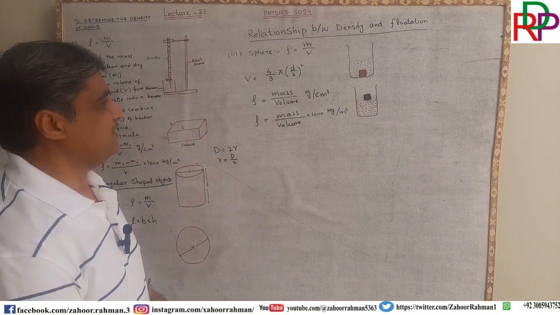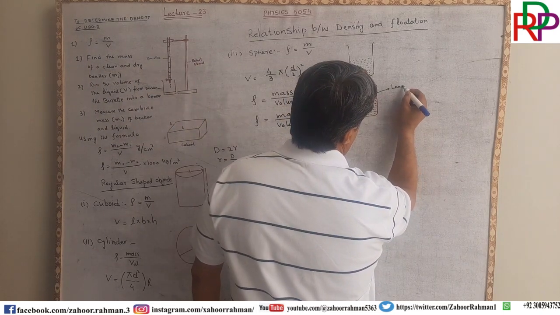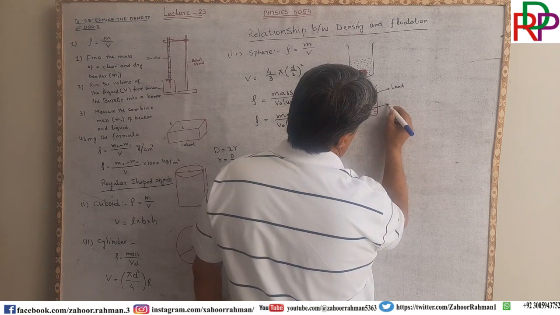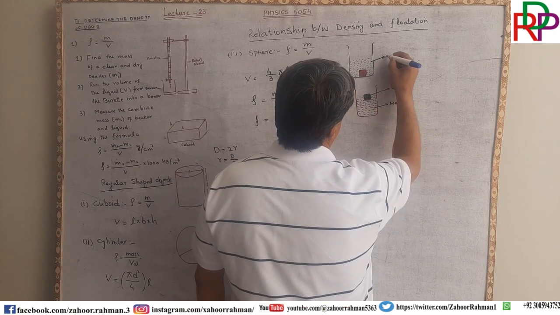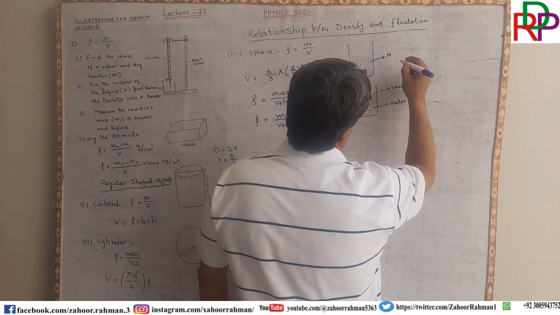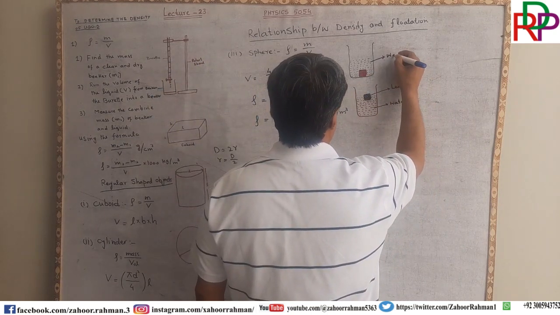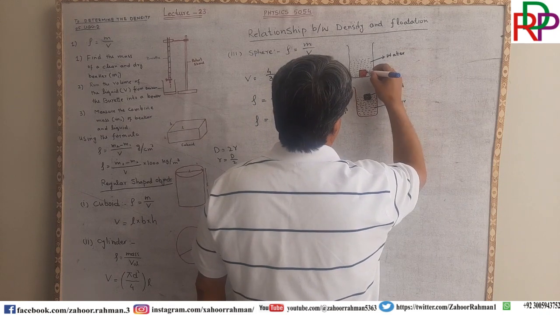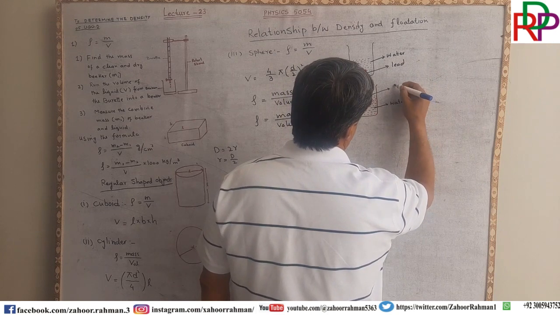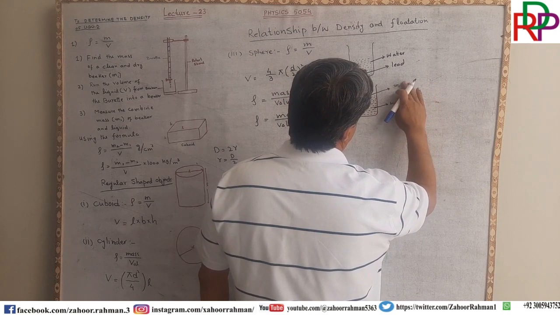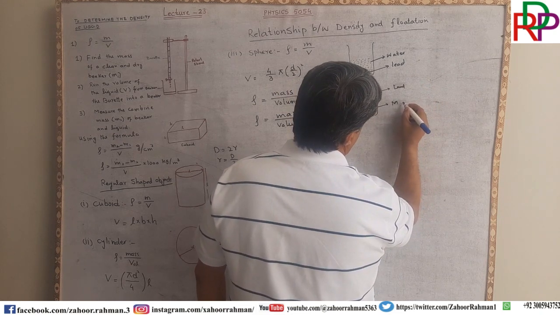Ladies and gentlemen, this is a lead block and this is water. Now, in the first case, this is mercury. Sorry, this is water, and this is the lead, and this is the mercury.